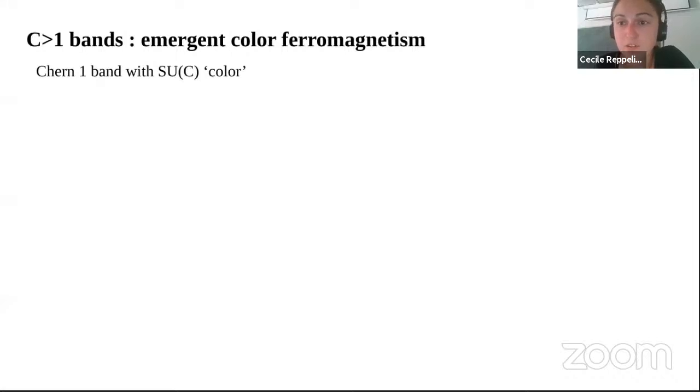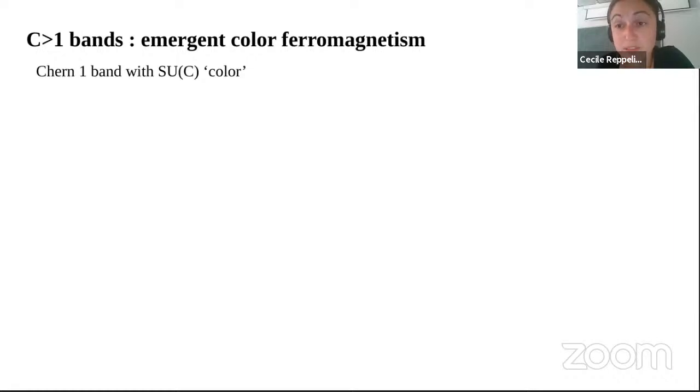So now I want to talk about something slightly different, but that can also be seen as a form of flatband ferromagnetism. And this is something that can arise in a Chern band when its Chern number is larger than 1.